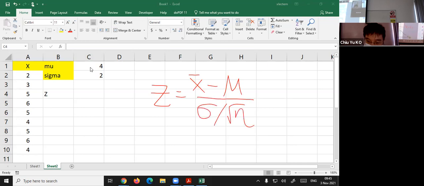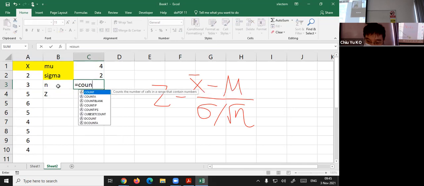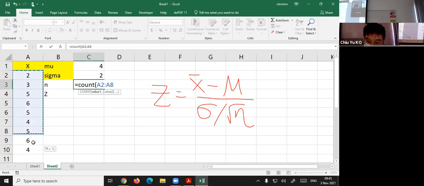This is the formula at the very beginning of the slides. So first we have to calculate n, because we have sigma over root n. For n, we just use count, counting all of them.